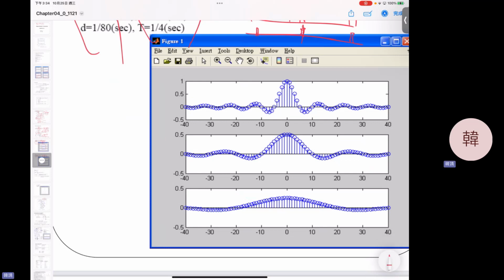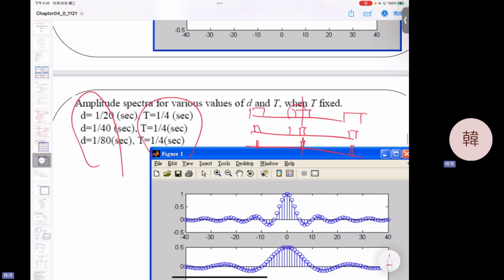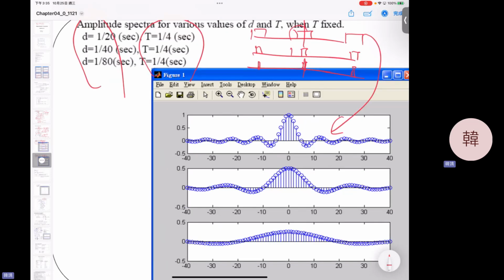For this example, this one has the largest rectangle pulse, this is medium, and this is the smaller. So in different aspects, time domain and frequency domain, it is exactly the reverse condition.